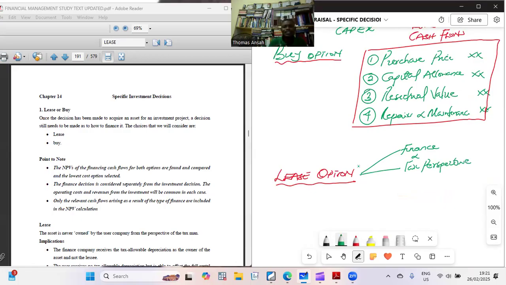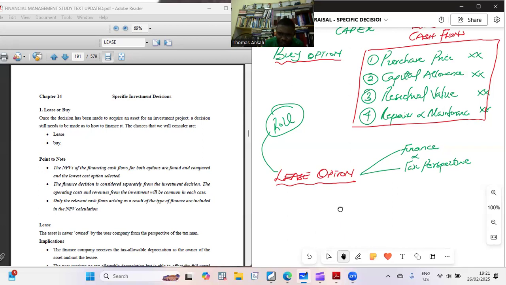We are not looking at it from an accounting perspective, because with accounting, IFRS 16 says we should recognize the right of use, but here we need to look at it differently.